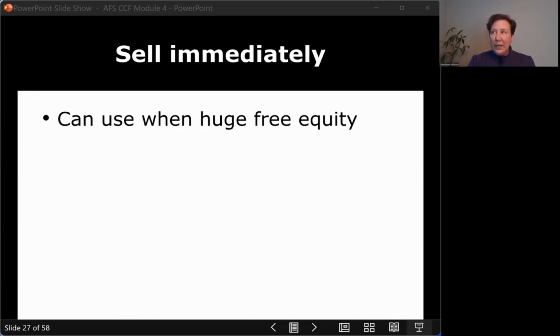In the one case where we had, I believe it was 53 or 56,000 in free equity, all options were available to us. We could sell it right away, even with a realtor, and still make money, or we could rent to own it, or we could have it as a regular rental. So we listed it for all three and just decided whatever good offer comes up first, that's what we'll take.